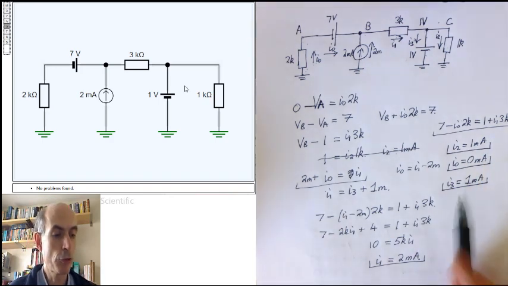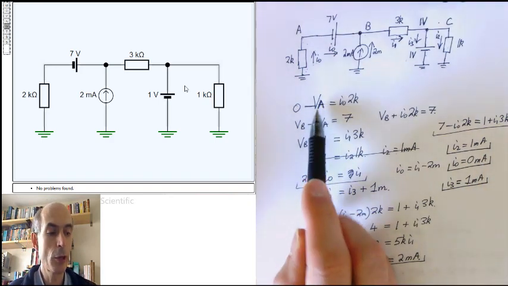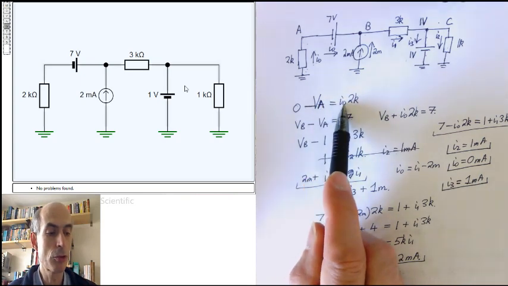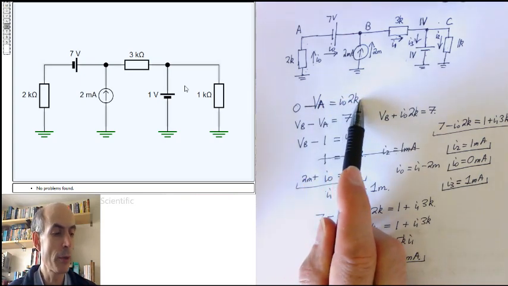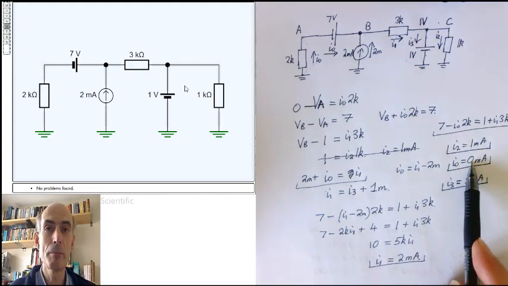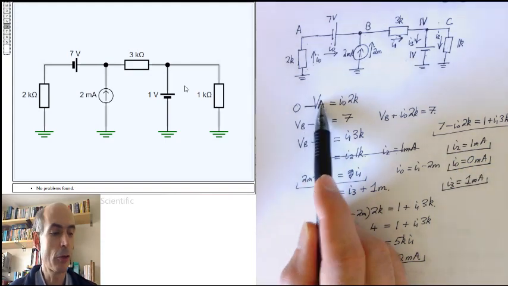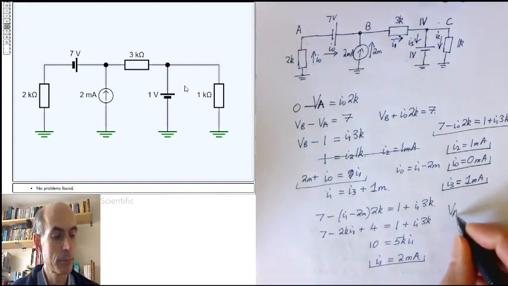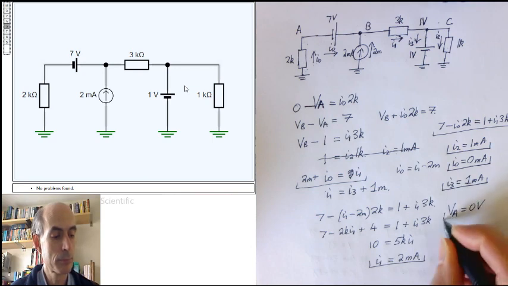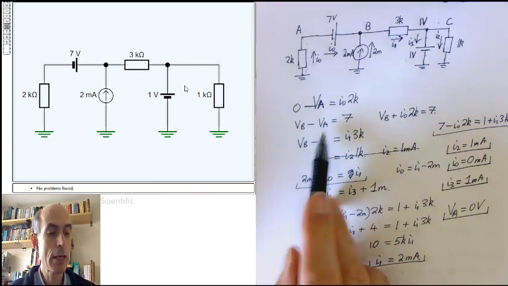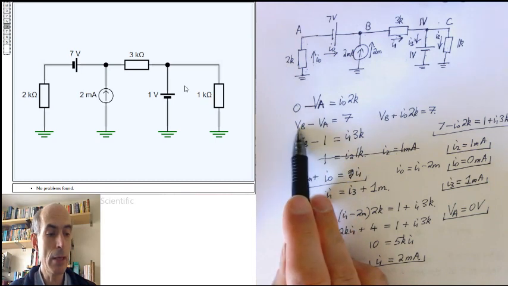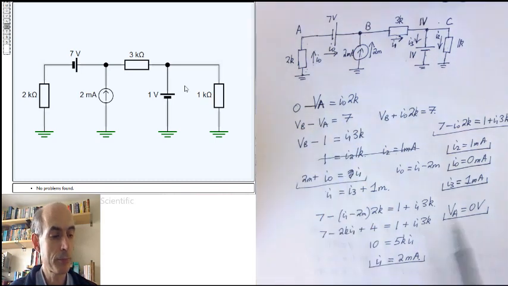So we've now found all of the currents. We can work out the voltages. From this equation here, we know that VA is I0 times 2K times minus 1. I0 is 0, therefore VA will be 0 as well. If VA is 0, then VB must just be 7 volts.